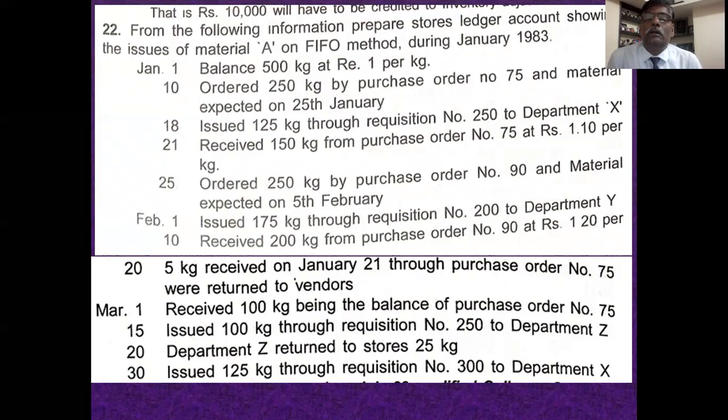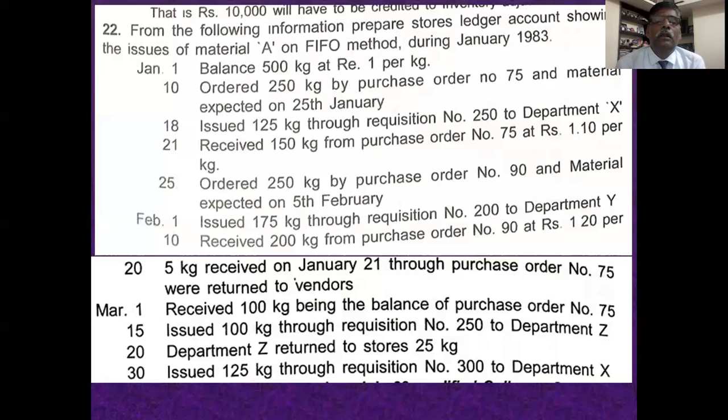And 18th January, issue of 125 kg is there. Requisition number is 250. So you issued the material, it comes in the issue column. In the issue column, you write the issue and balance. Then 21st January, received 150 kg from purchase order number 75 at 1 rupee 10 paisa per kg.